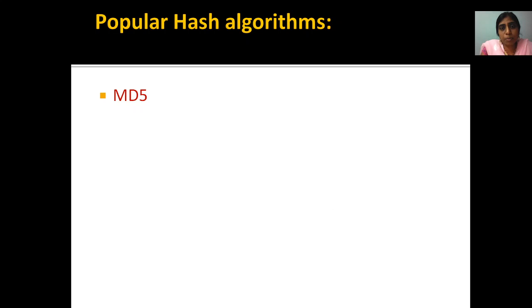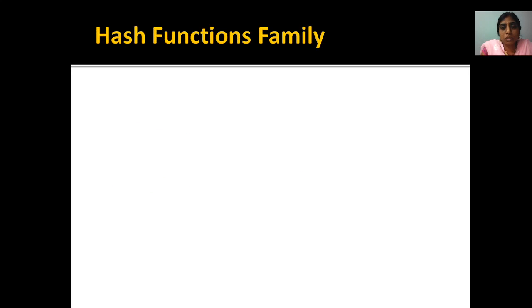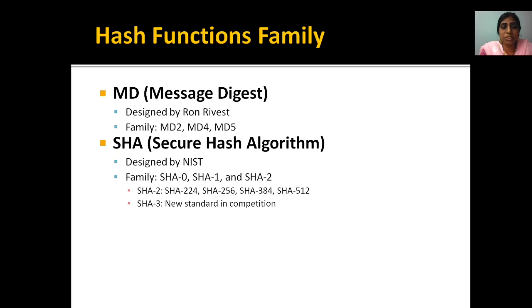There are certain popular hash algorithms: MD5, SHA, then RIPEMD, then Whirlpool and so on. Generally we use SHA functions mostly, which is one of the famous functions. The hash function families are message digest and secure hash algorithms.